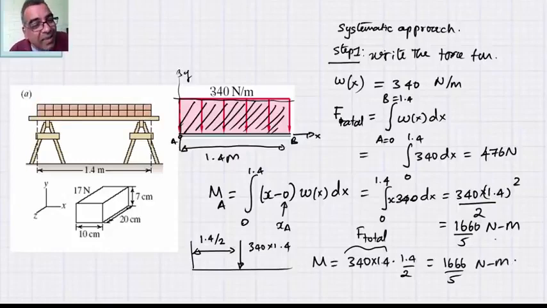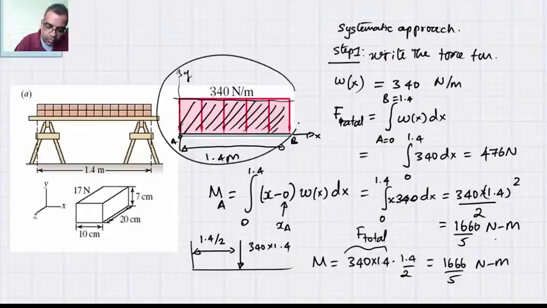You will get exactly the same answer, right? So you can replace this whole thing with a single arrow which represents the total force, and this is where the centroid is, x bar.